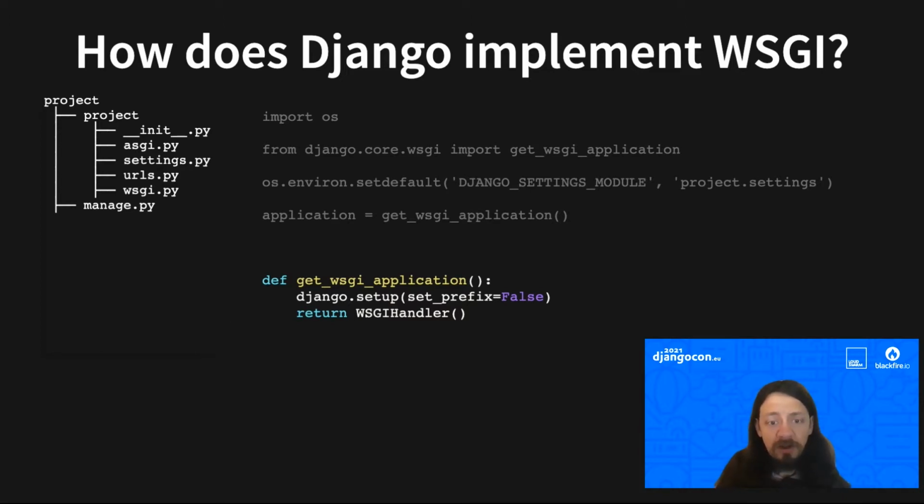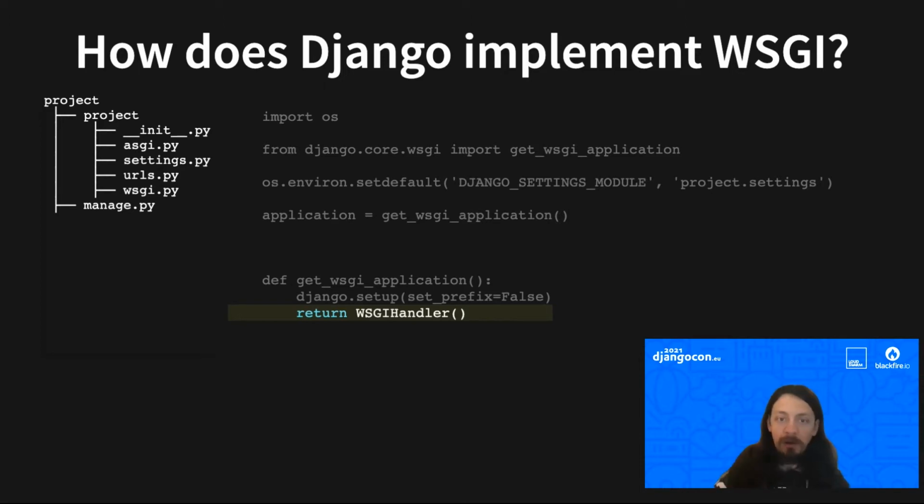So let's have a look at what that does. Well, it returns WSGIHandler. Notice we're returning an instance of the WSGIHandler class, and that class instance is the callable. So that's the gateway from server to everything else that happens in Django. So all of those things all start with the call method inside this WSGIHandler instance.